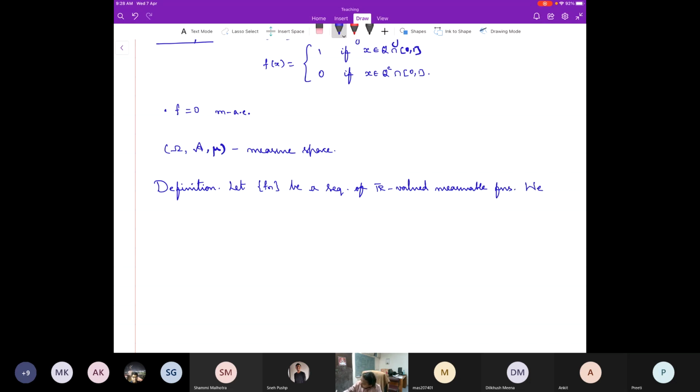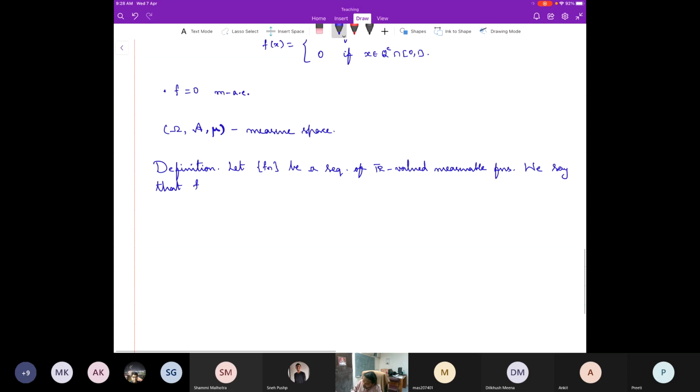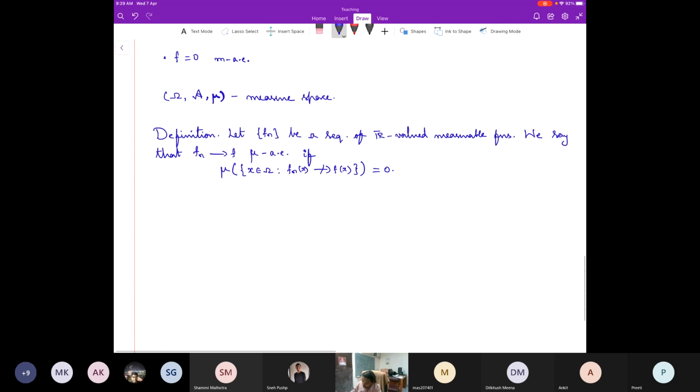We say that f_n converges to f mu almost everywhere if the measure of the set of all x in omega such that f_n(x) doesn't converge to f(x) is 0.